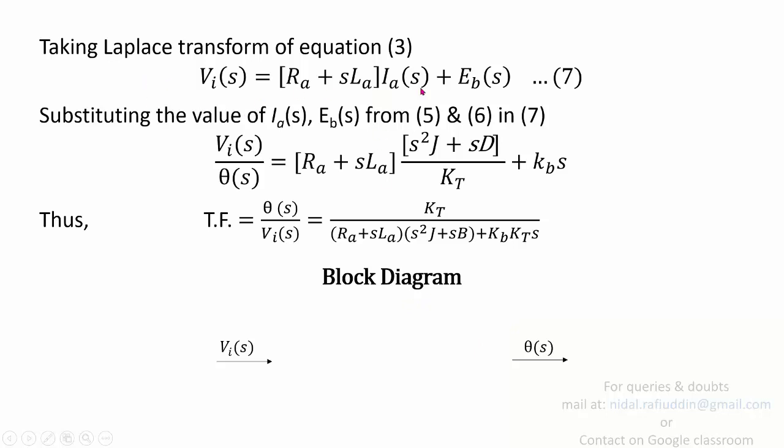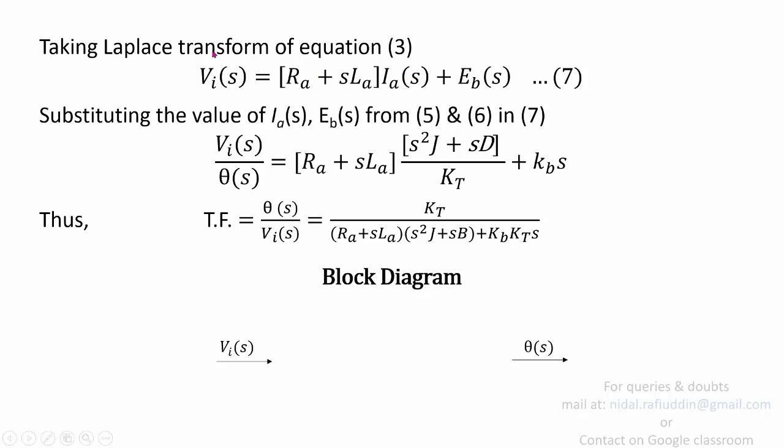If you look at equation 7, you see that VI(s), which is the input, is given by an expression of this form. Using this expression, you are going to feed VI, and since VI is a voltage value, EB is again a voltage value, while the multiplication of IA with RA plus SLA is a voltage value.